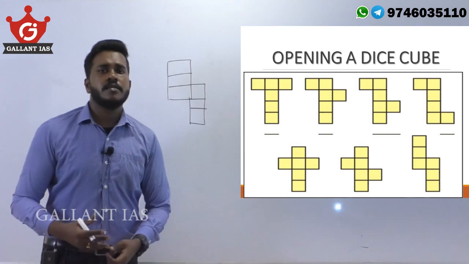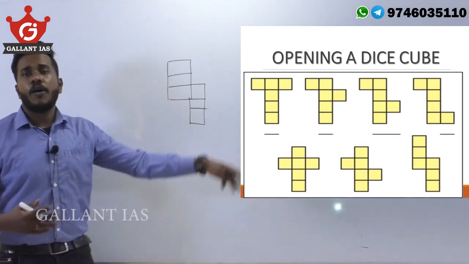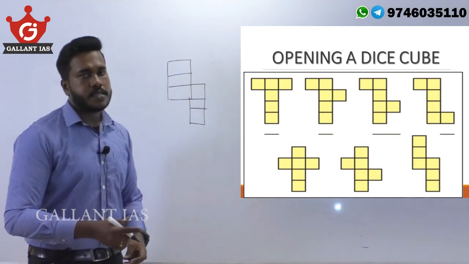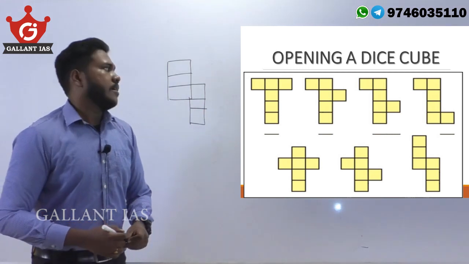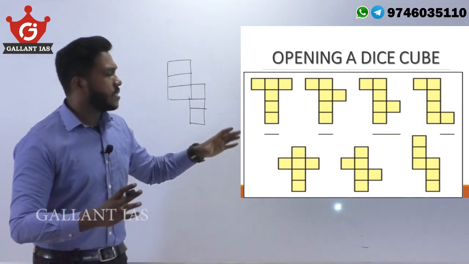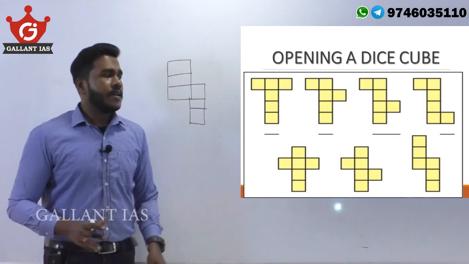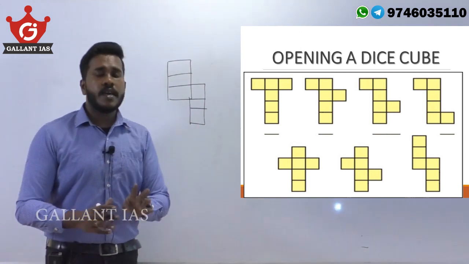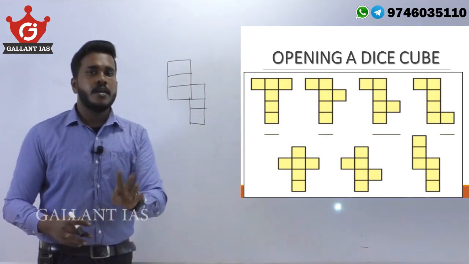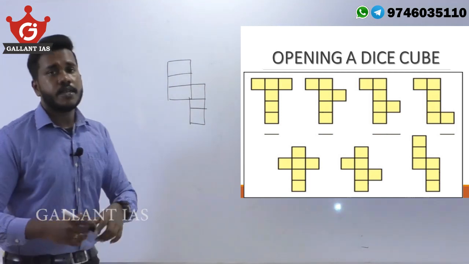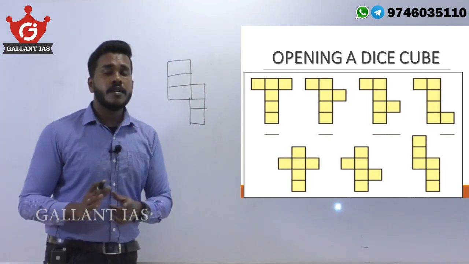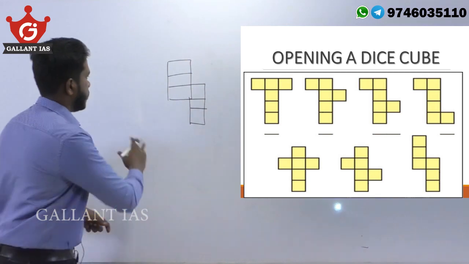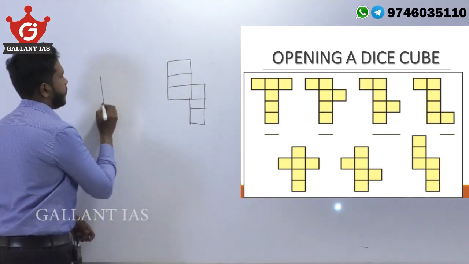What are the common features shared by all those 6 formats? You can actually see 4 faces together in all these 6 formats. Those 4 faces together are known as the central faces or the base face. I will redraw the first figure.